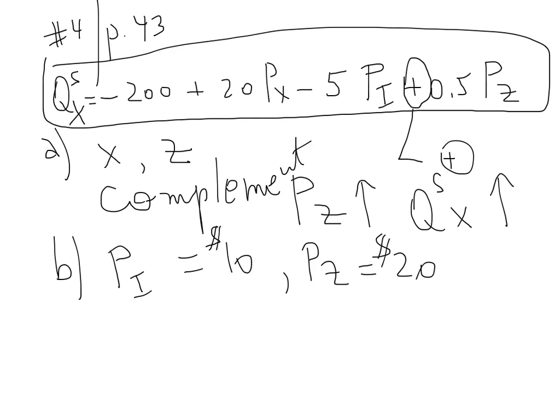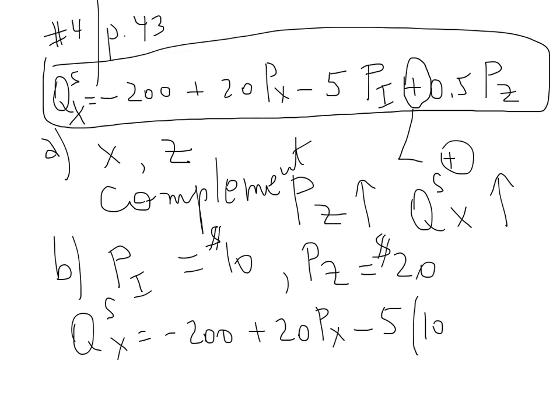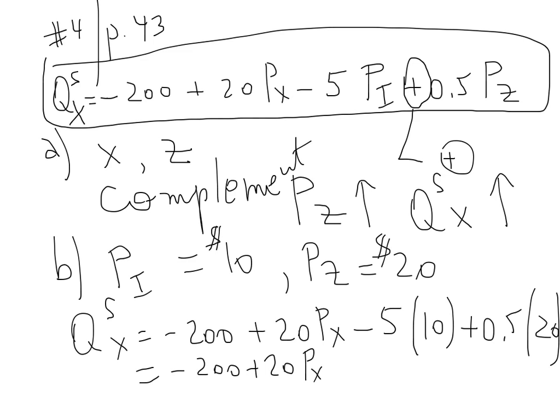So we have Qx equals minus 200 plus 20 px minus 5 substitutes for price of input 10 plus 0.5 times 20. So if you solve it through, open up these terms, you are going to have minus 200 plus 20 px minus 50 plus 10.